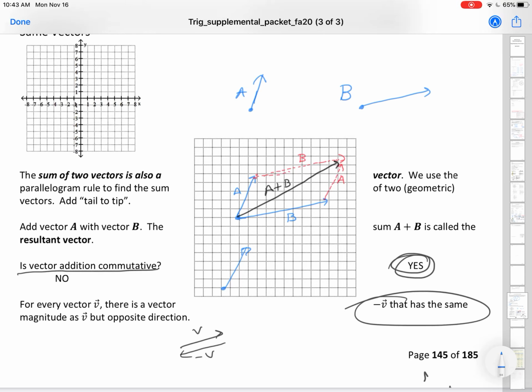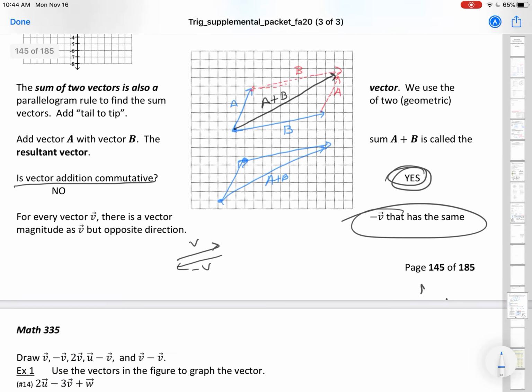And the other way to do it is to put B right at the end and then go in the direction of B to actually do that top red line, and then this is the resultant vector A plus B. Notice what happened is I just got the upper part of that parallelogram. They like the parallelogram for different reasons, which you'll see later on, and that's why they're bringing it up.